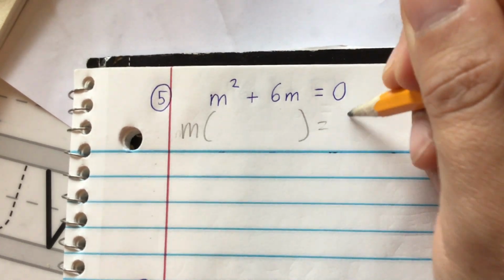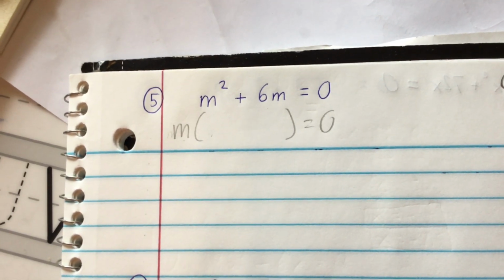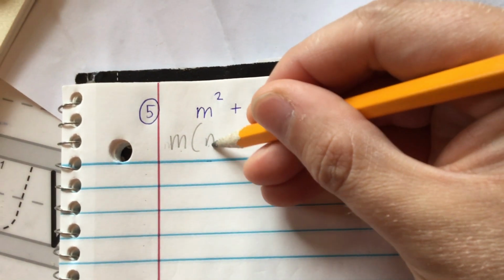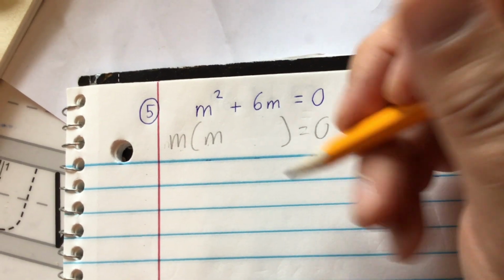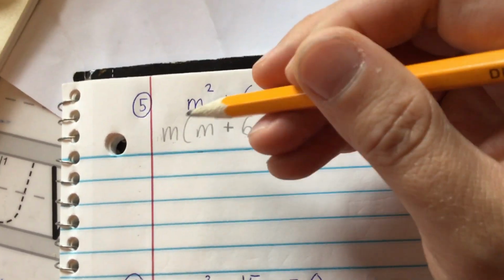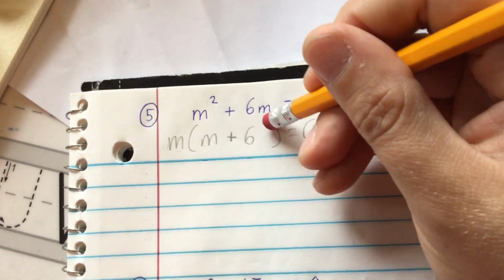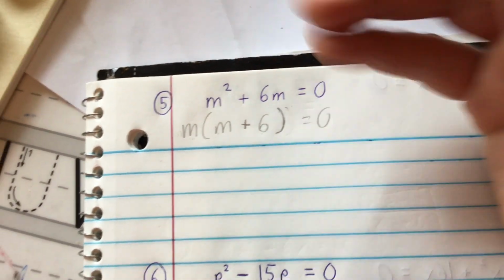And now, m times what is m squared? M. M times what is 6m? Positive 6. So now I've got m times the quantity of m plus 6 equals 0.